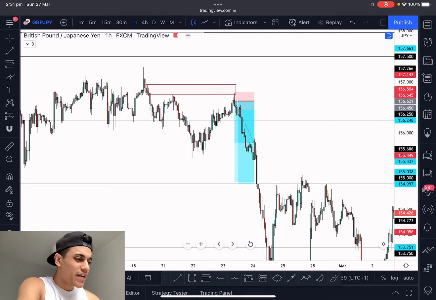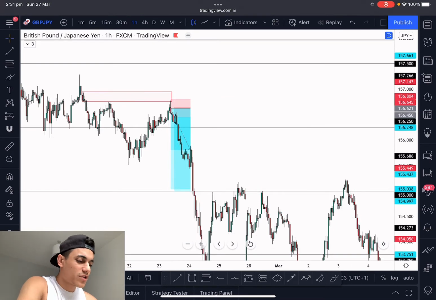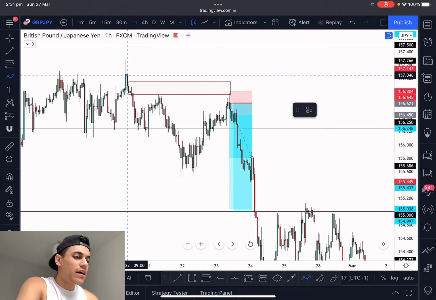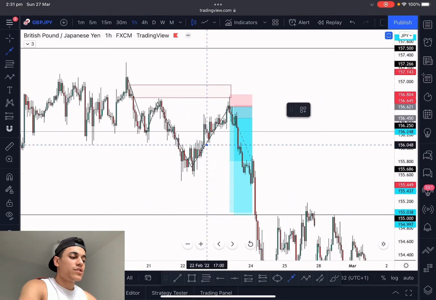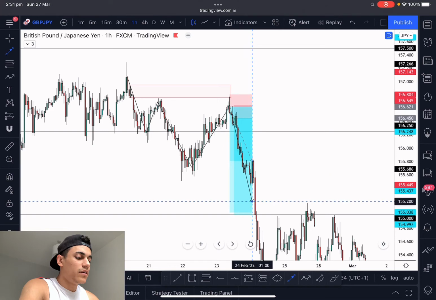The first trade we are looking at is very simple and a very textbook setup, to be honest. Here we have a high, a low, lower high, lower low, and this was another lower high to take it for a lower low.